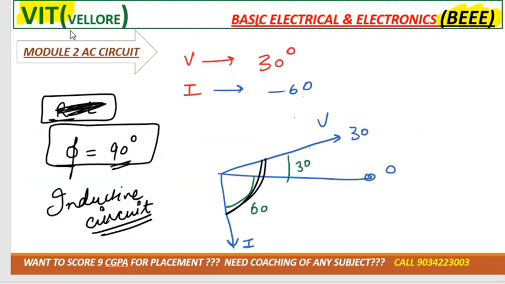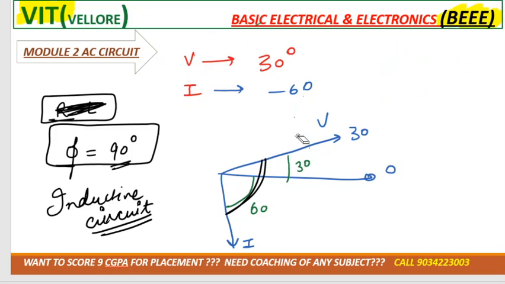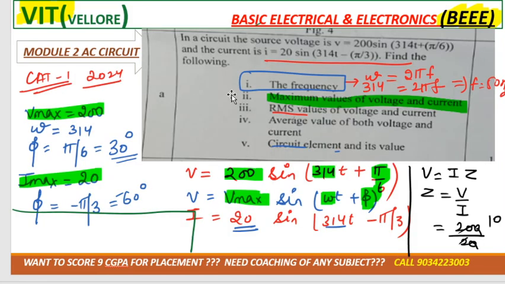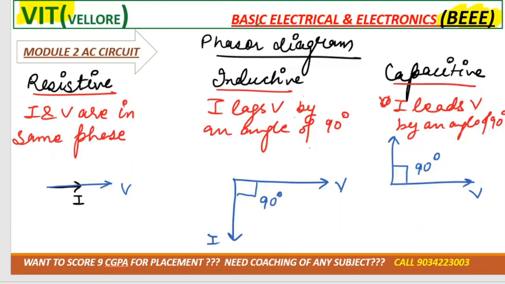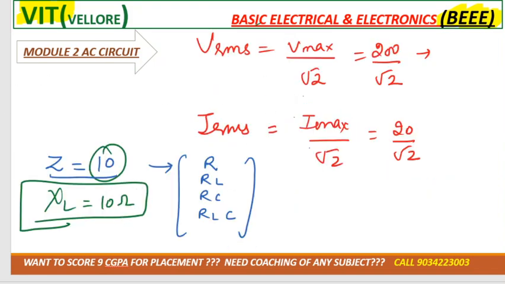Similarly, you can obtain any of the values. Suppose we get phi equal to 60 degree, then that would be the combination of R and L. Okay, so you have to see which thing is leading. Accordingly, you can decide which element it is. So they said circuit element is L, and you got XL equal to Z, that is 10 ohm.